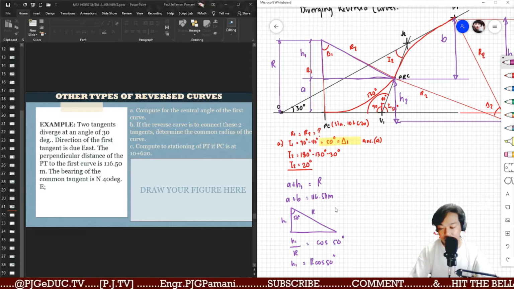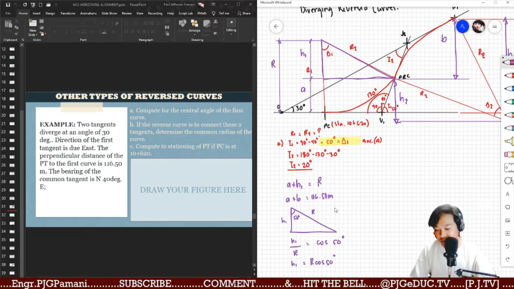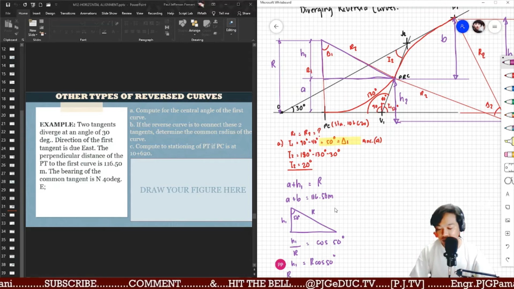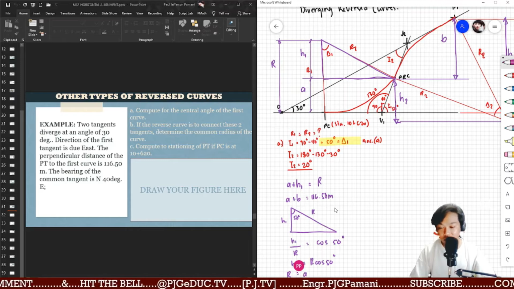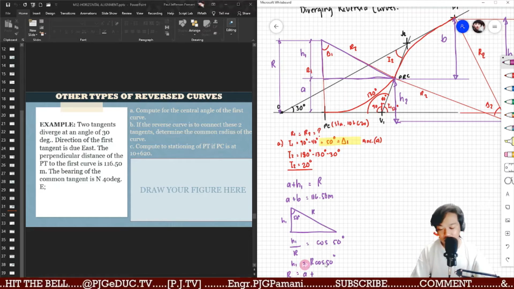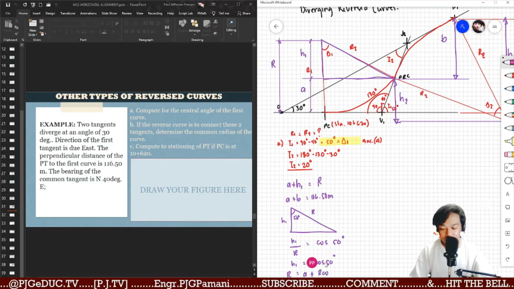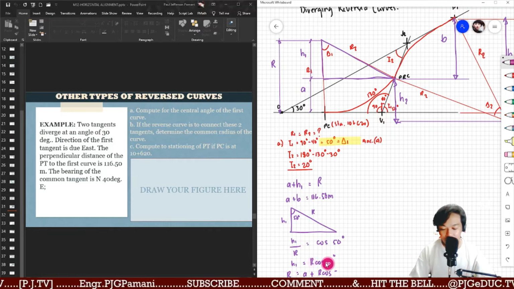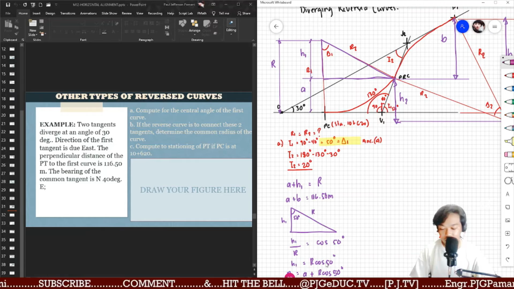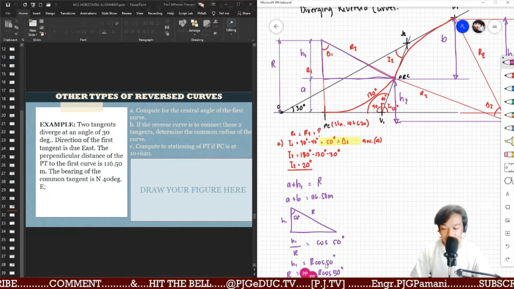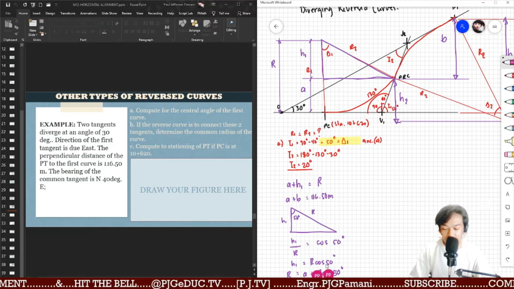Knowing that A plus H1 is equal to R, such that R is equal now to A plus H1. Ano yung H1? That is R cosine 50 degrees. Or A is now equal to R times 1 minus cosine 50 degrees.